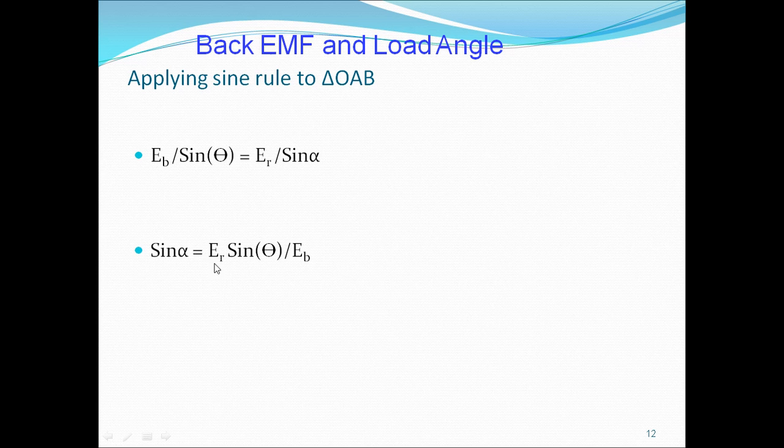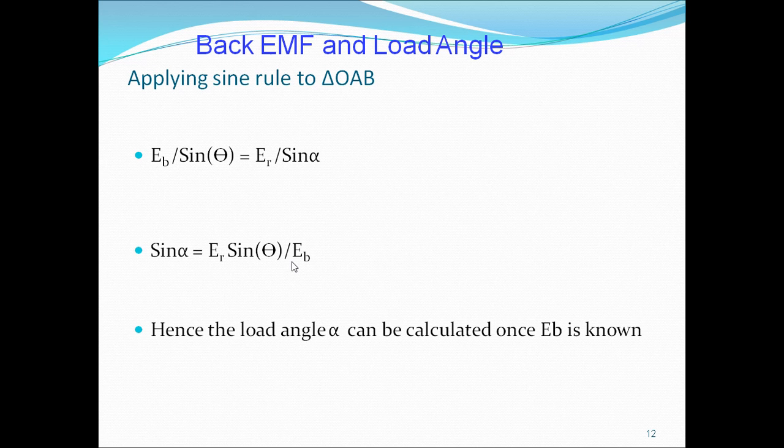So sine alpha is equal to ER into sine theta by EB. So this is the load angle. Load angle can be calculated if you know the value of EB, back EMF. So this is normal excitation, the power factor is unity and EB is equal to V. Note down the formula.